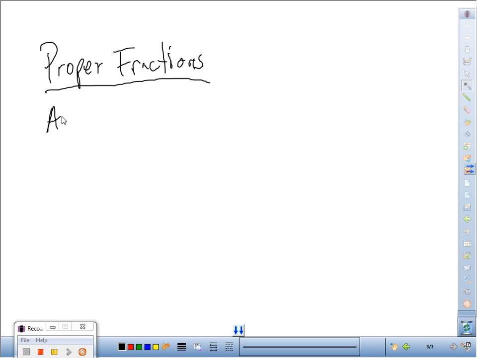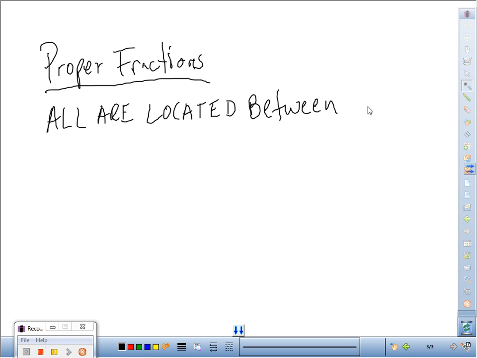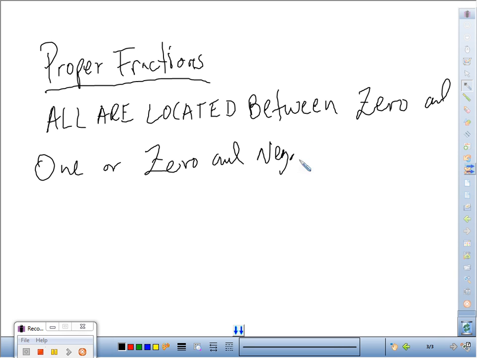And then you're going to write all are located between 0 and 1 or 0 and -1. Let's see. Proper fractions all are located between 0 and 1 or 0 and -1.